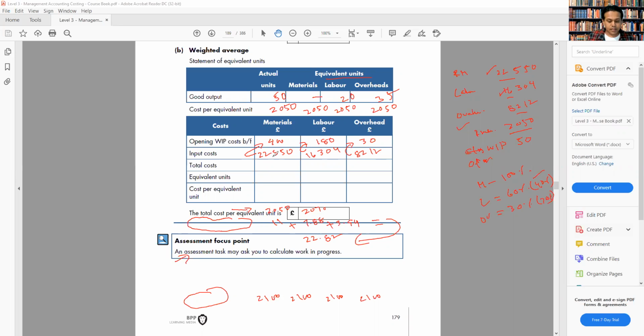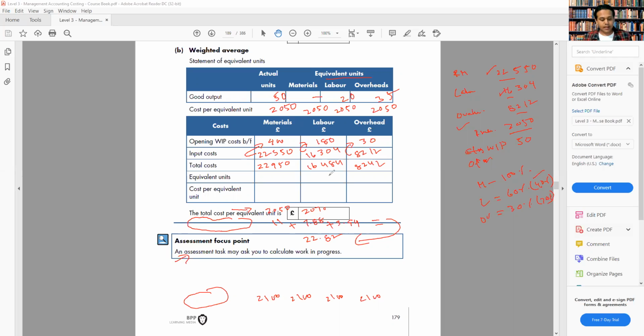So 400 plus 22,550 will be 22,950. Then 16,304 plus 180 will give you 16,484. Then 8212 plus 30 will give you 8242.